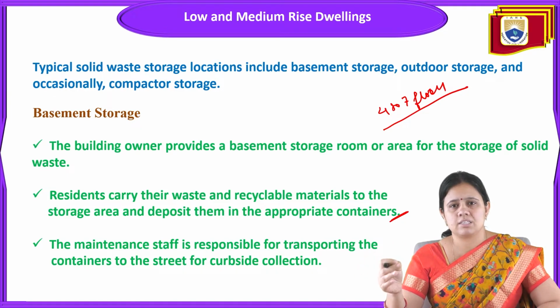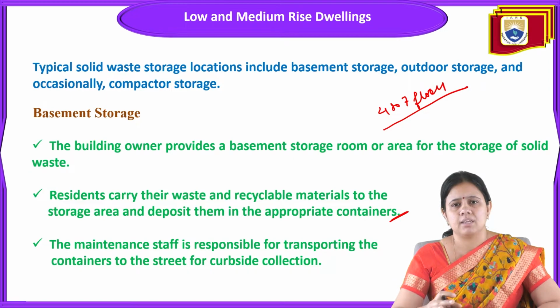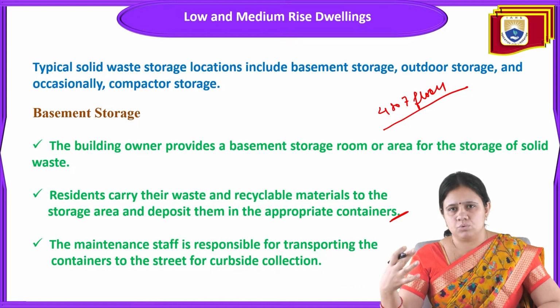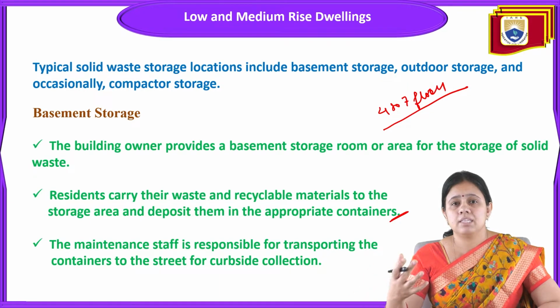Every tenant or resident will go to their storage location, either in the basement, and put their waste, and the maintenance staff will take the waste and put it in the street for curbside collection, because this should be adopted for safety purposes also.